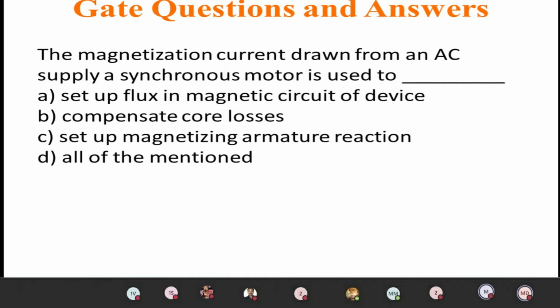The magnetizing current sets up the flux needed in the machine. Drawing magnetizing current means it absorbs reactive power from the supply. So it is used to set up flux in the magnetic circuit of the device. That is the correct answer.